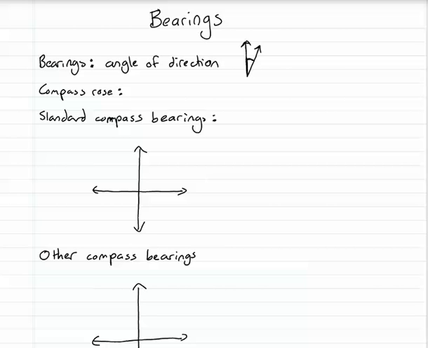A compass rose, at its simplest, is these little diagrams you see me drawing here. It's a cross with at least north indicated with an arrow, and they're found on maps to indicate where north is, but also every time we do any problem where someone starts somewhere and they travel off in a direction, we must put a compass rose where they start every single time.